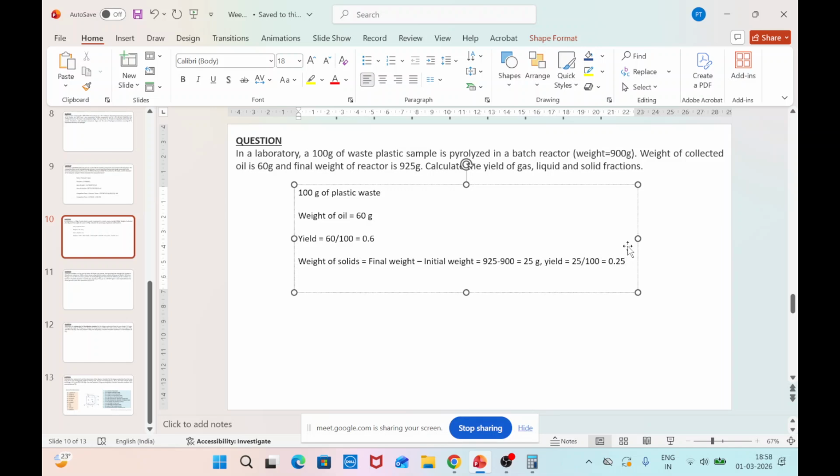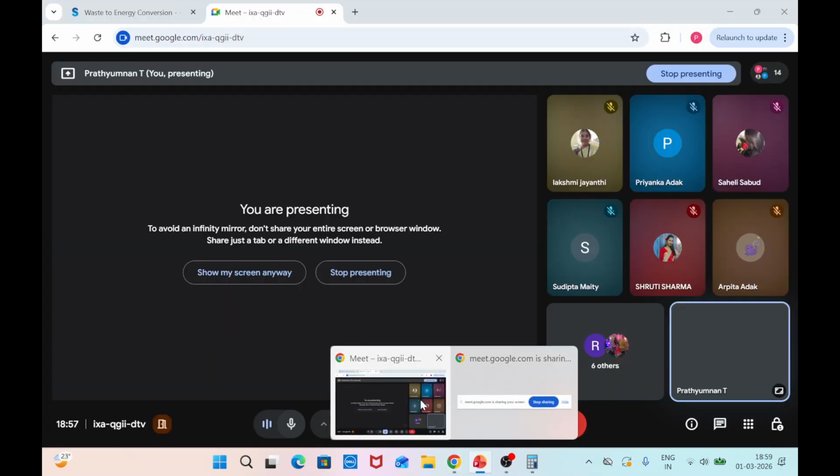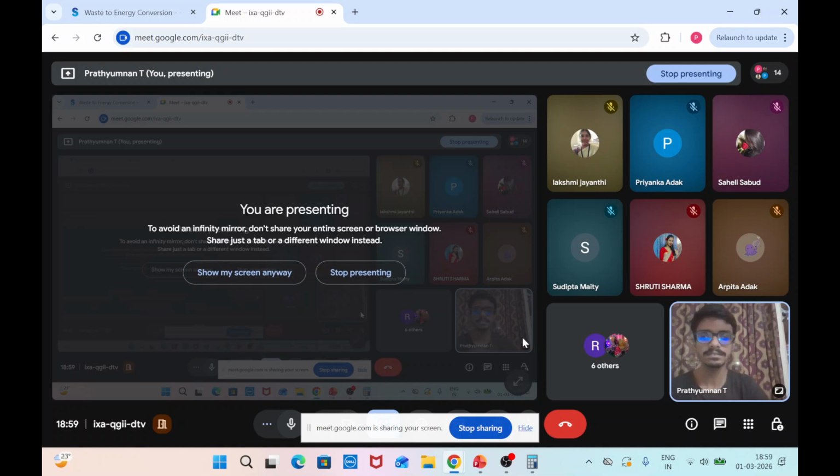Now based on this, calculate the yield of the gas.